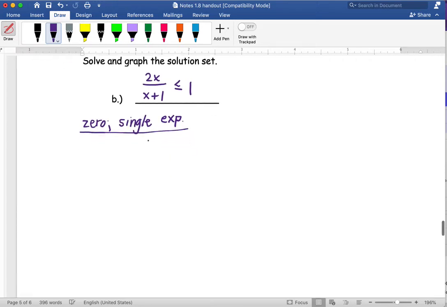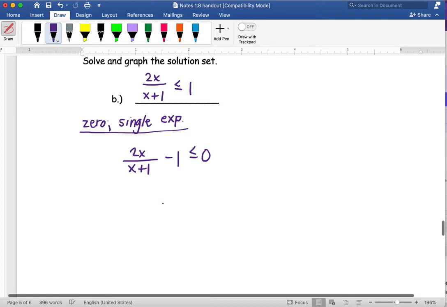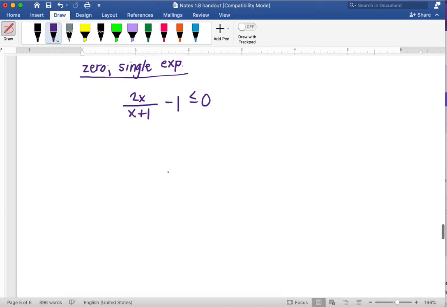So I have to subtract the 1. 2x over x plus 1 minus 1 less than or equal to 0. I now have to get a single expression over here. This is two things. This is two terms. So I need a common denominator, and that common denominator is x plus 1.